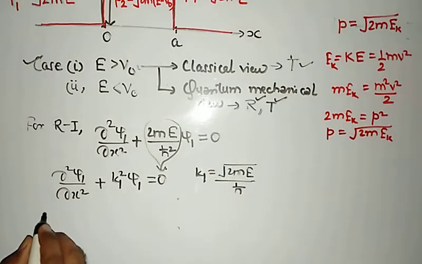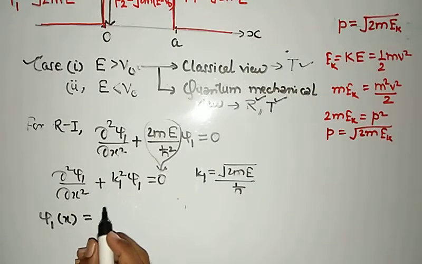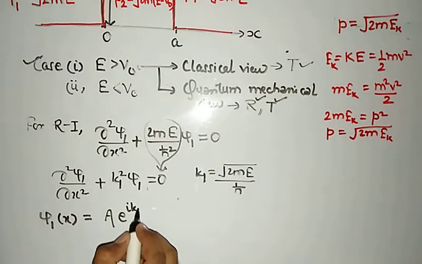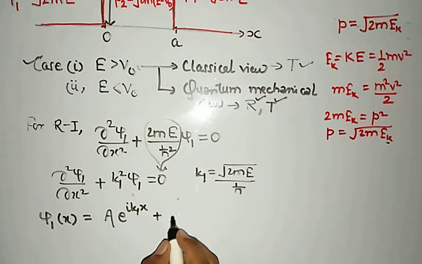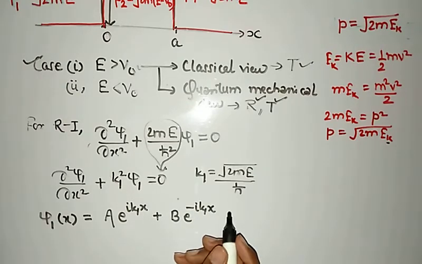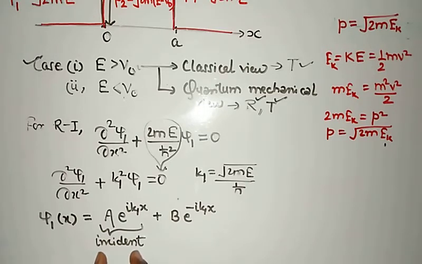The solution will be psi 1, now plane waves, that is A e to the power i k1x plus B e to the power minus i k1x, because this is showing incident waves, or we may say incident beam of particles. This is the reflected waves or reflected beam of particles.